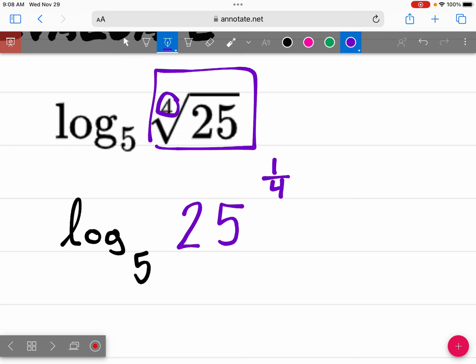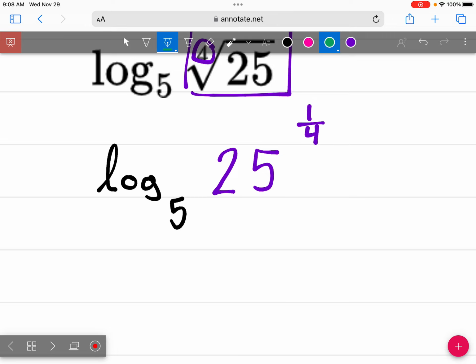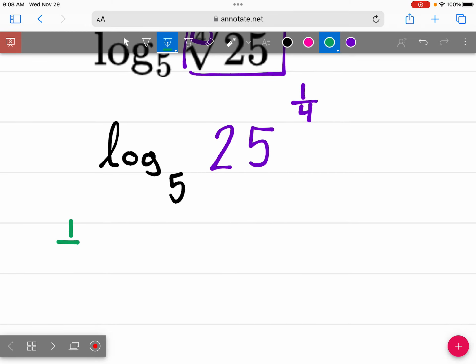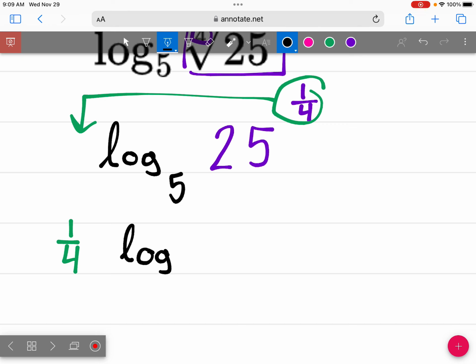We can then use that power property to make this a little less gross and bring that exponent down in front: 1/4 log base 5 of 25. The reason we might want to do that is because log base 5 of 25 we can do. That's 5 to the what is 25?